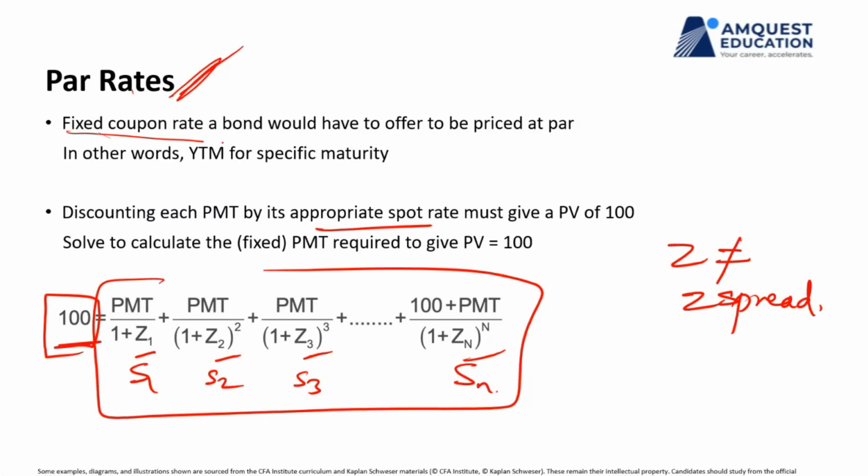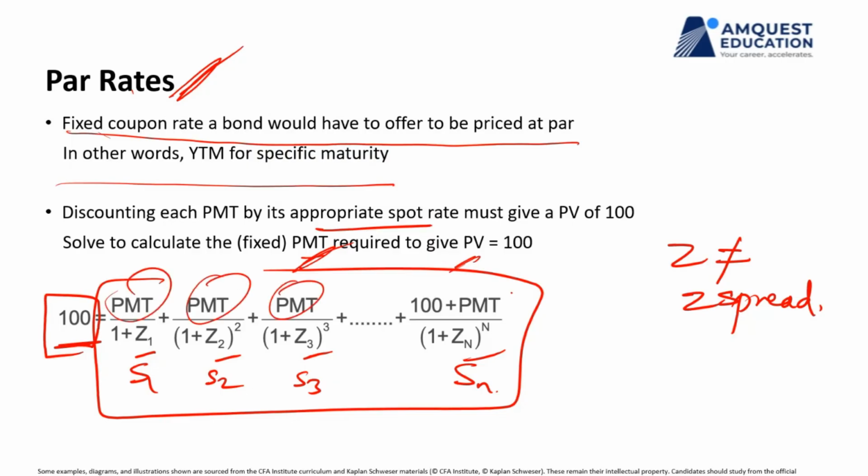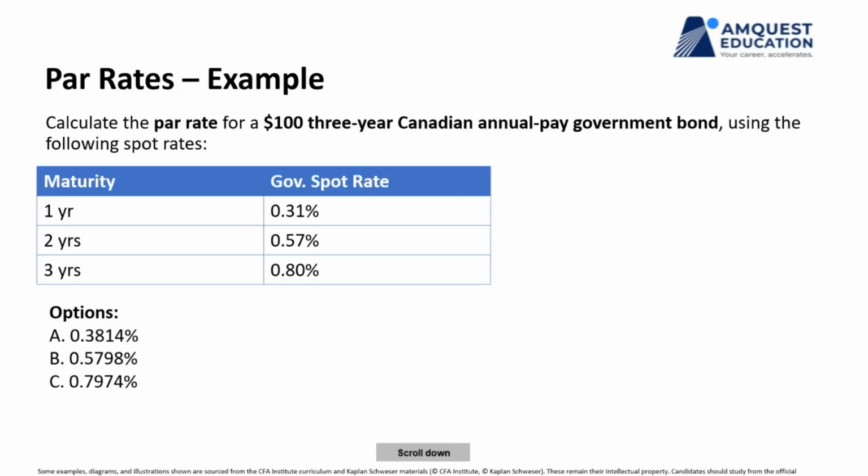Par rates, fixed coupon rate, a bond that would have to offer to be priced at par, in other words, YTM for specific maturity. So we are trying to find what should be this PMT that will help us get to the required value of $100.